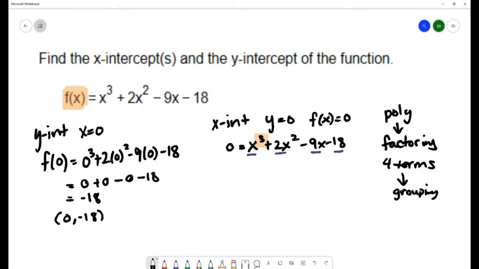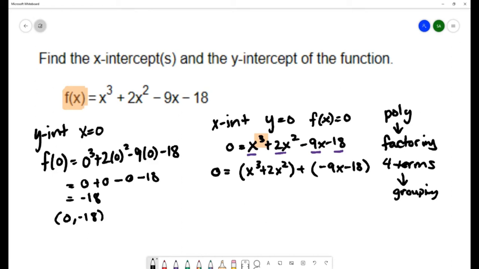It doesn't always work, but I believe it'll work on this example. So when you group, you're going to take 2 terms at a time. So I'm going to group x cubed with 2x squared. And then I'm going to group negative 9x with negative 18.